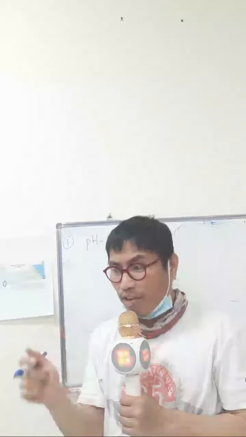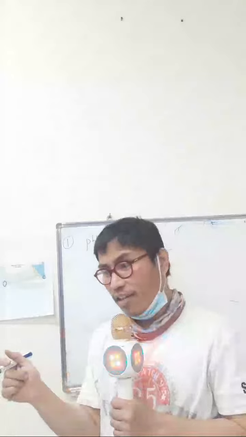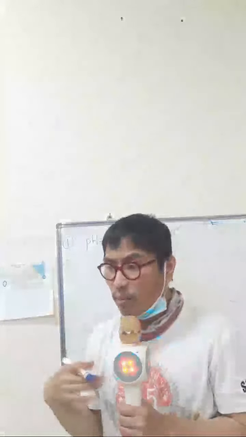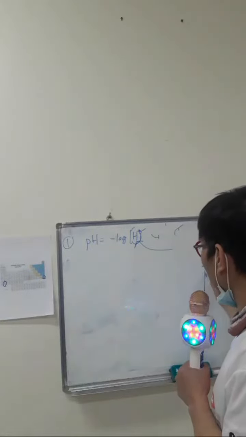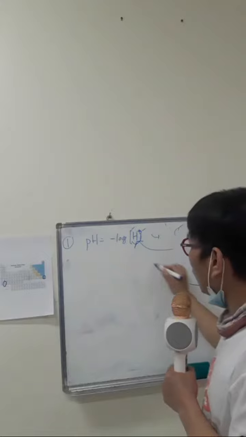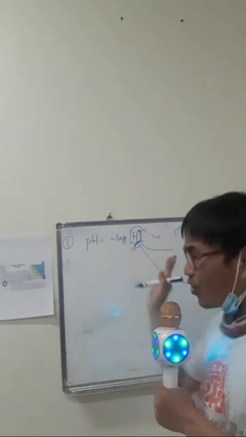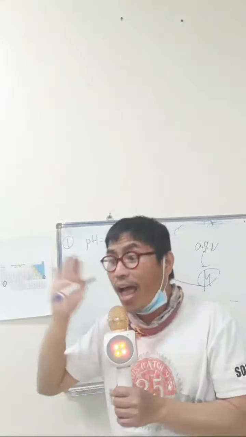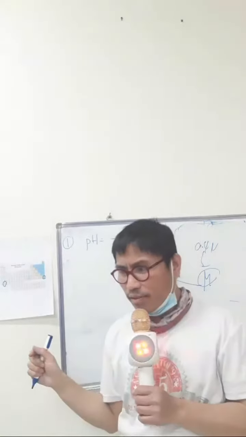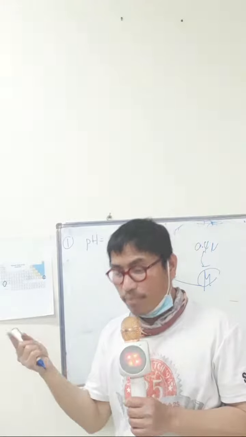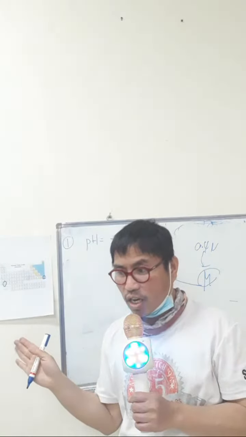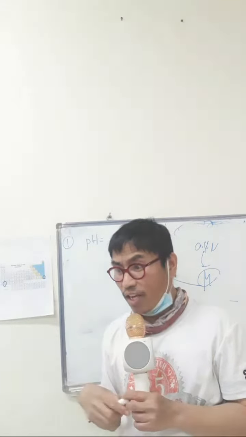What is the pH of this hydrochloric acid? Most students, including me, will substitute the 0.4 directly. But that 0.4 is normality, not molarity. So convert that first to molarity before we use the negative log of H, because the H positive there is molarity, capital M. Not the normality, not even the molality. But these are all concentrations. Get the point?